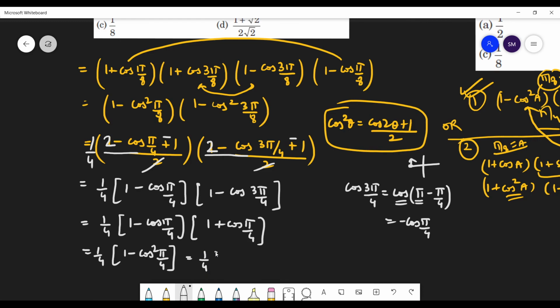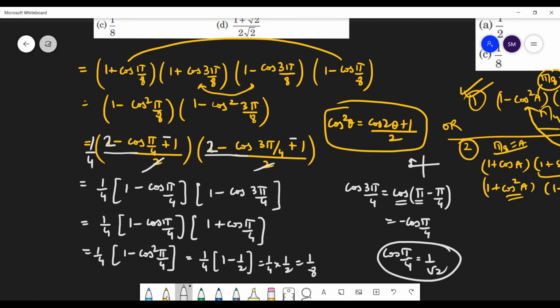What is it? 1 by 4 into 1 minus, cos pi by 4 is 1 by root 2. Yes, very good. So 1 by root 2 square will become 1 by 2. So 1 minus half is half. So half into 1 by 4, that's 1 by 8. Students, got it? So strategies are quite important.